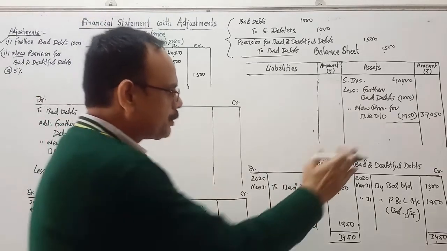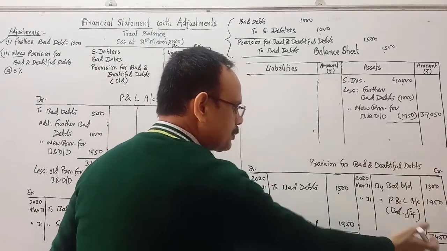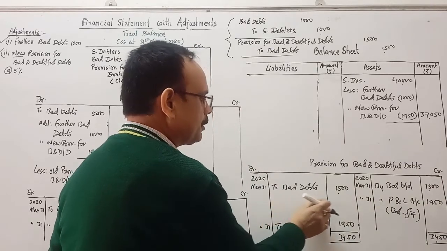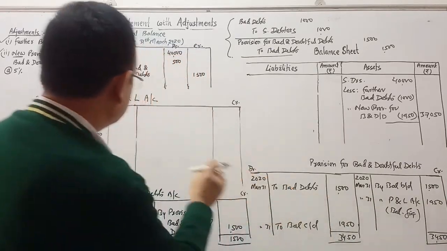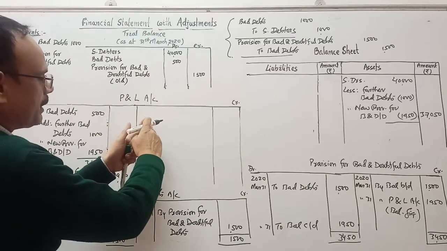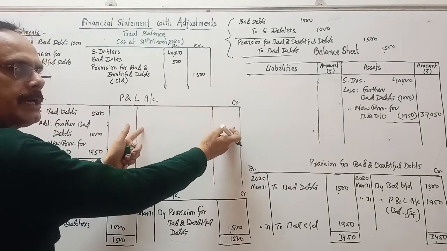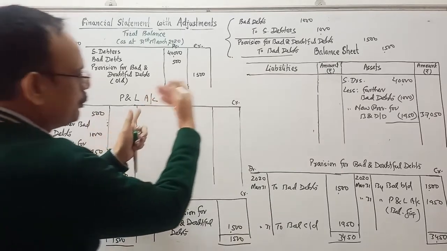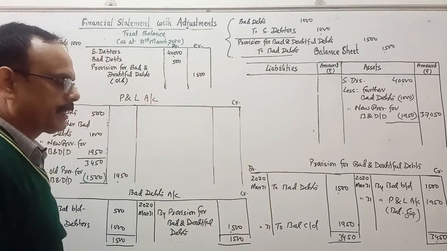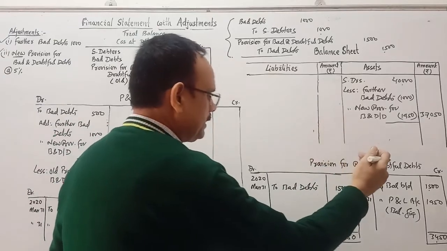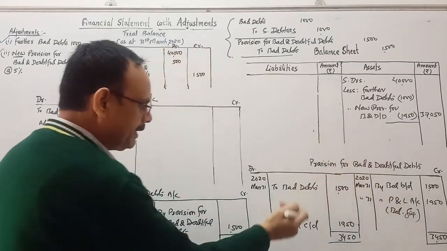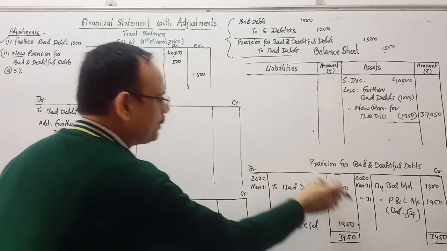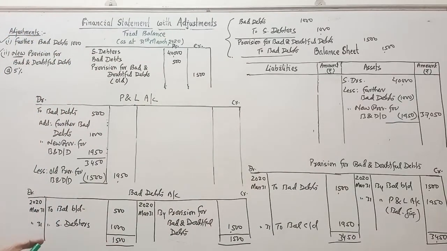If this side total is more, then we will write to profit and loss this side, and in that case the profit and loss we will write this side by provision for bad and doubtful debts. Then this will be the credit side of profit and loss account. If the credit side total is more and debit is less, then the to PL account will be at this side. Is it clear?